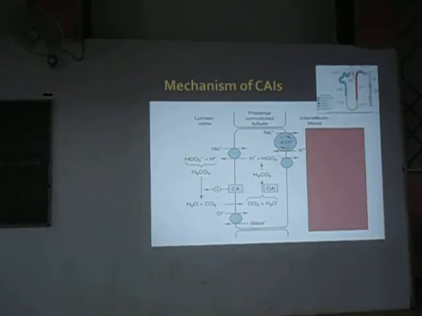Sodium is transported into the cell in exchange for hydrogen. How did we get this hydrogen? This hydrogen has come out from the action of the carbonic anhydrase enzyme inside the cell.